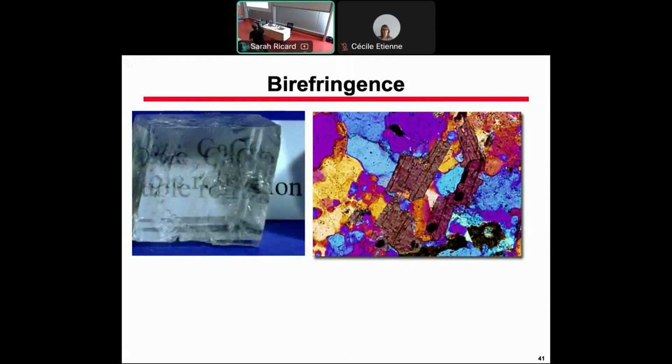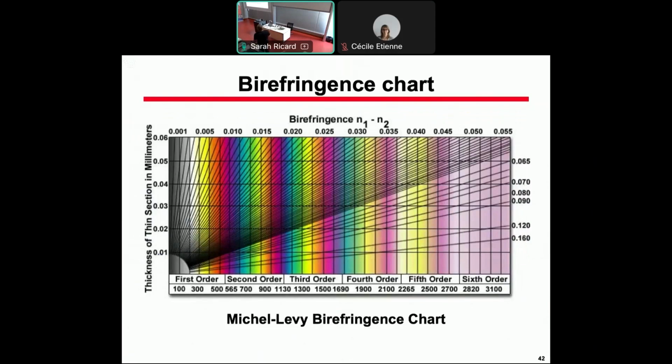If you look through calcite crystals, you see two images. It works very well also in reflection in metallography, because metals reflect light very strongly. And it has been completely tabulated in the so-called Michel-Lévy birefringence chart.